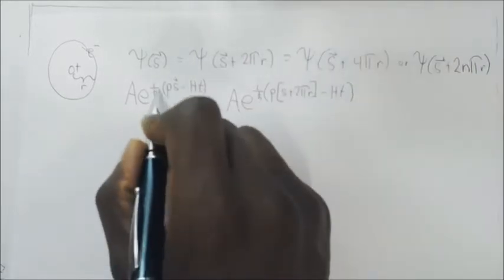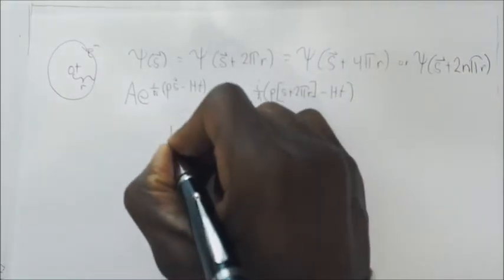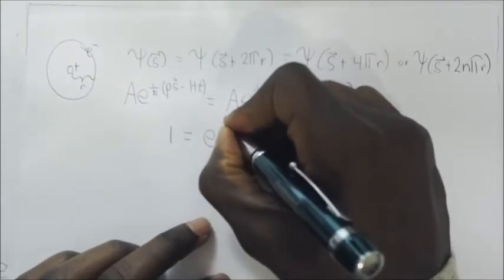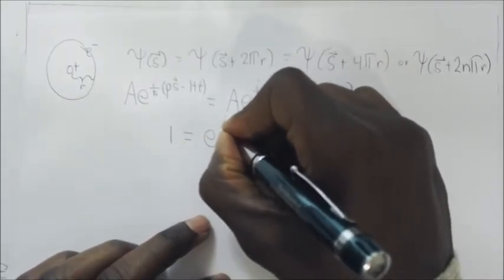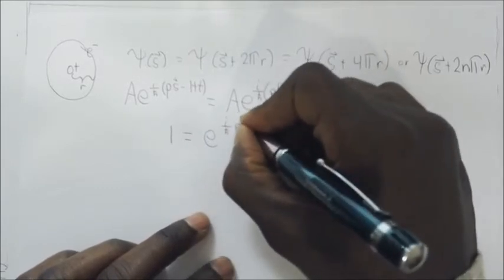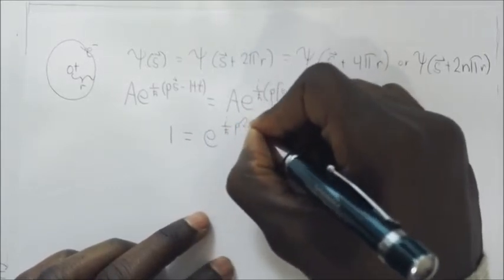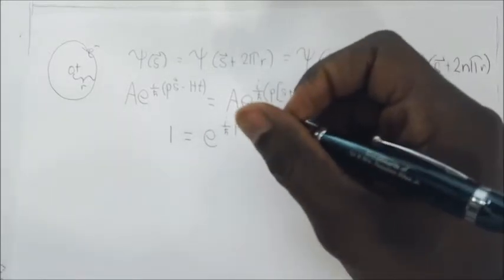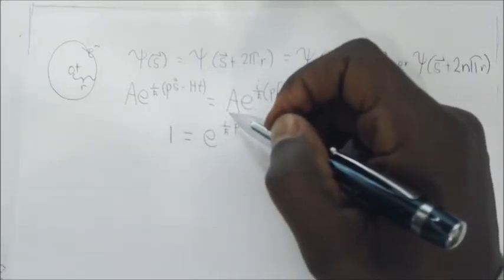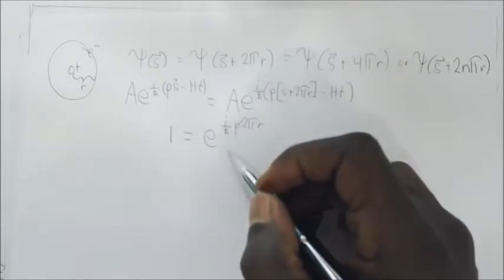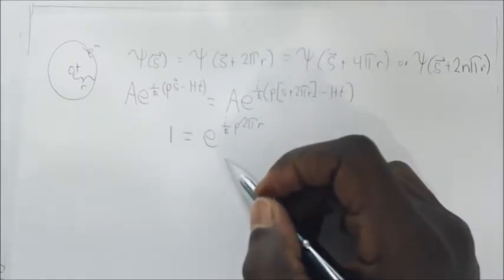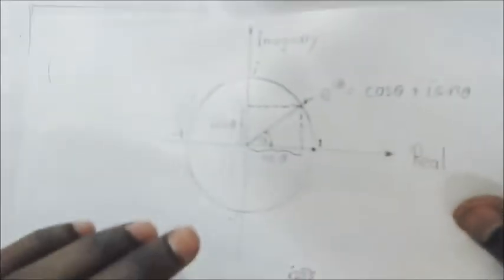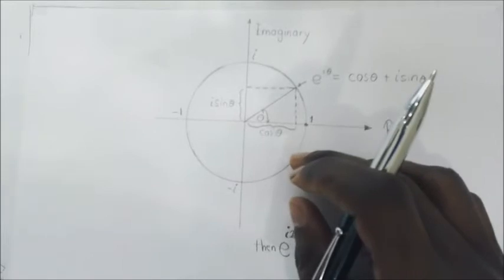So what we can do is divide both sides by this. The first side becomes 1, which is equal to e to the i over h bar p times 2 pi r, where e to the i over h bar p 2 pi r is equal to cosine of 2 pi p r over h bar plus i sine of 2 pi p r over h bar, which is similar to what we talked about here.